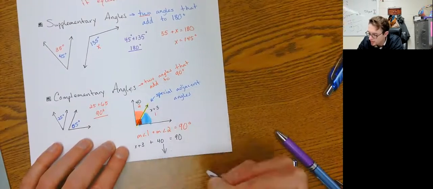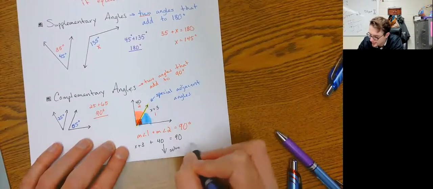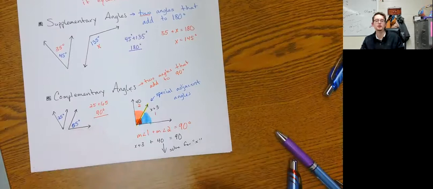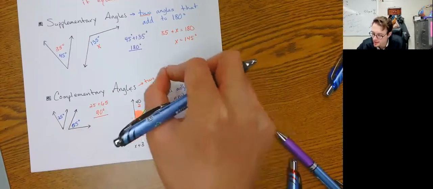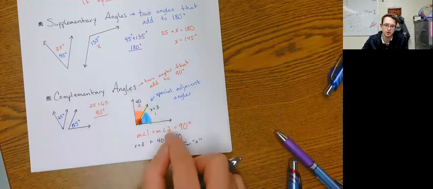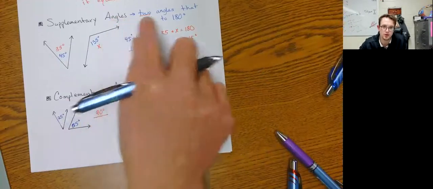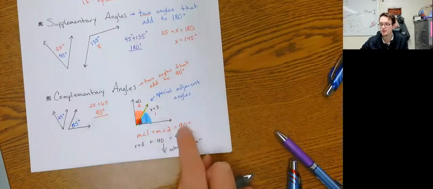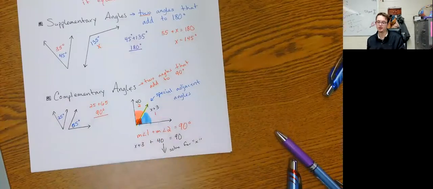I could then solve for x. If you know the general understanding of the vocab, of the concept of complementary, you can do math because you can create an equation that equals 180. You can create an equation that equals 90. All right.